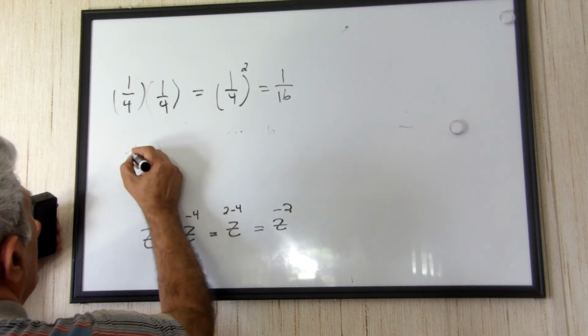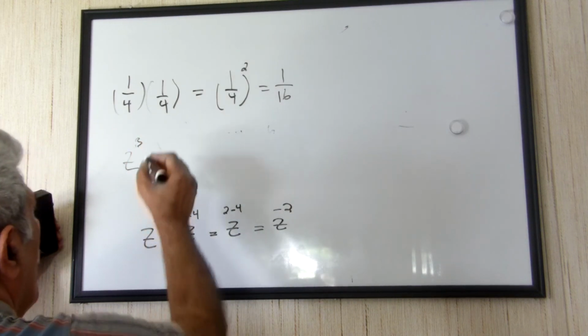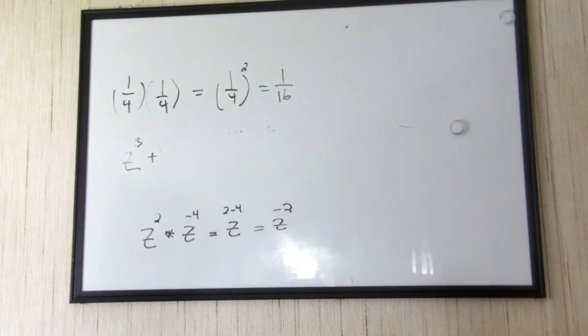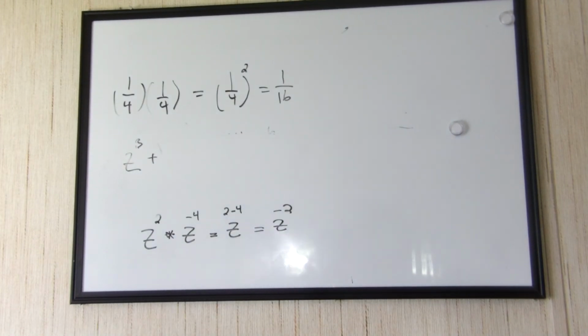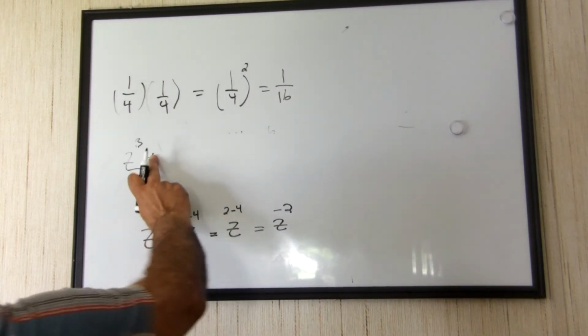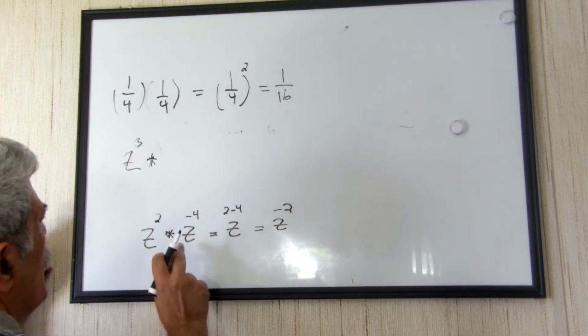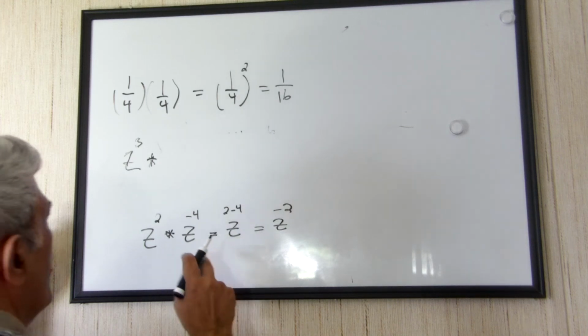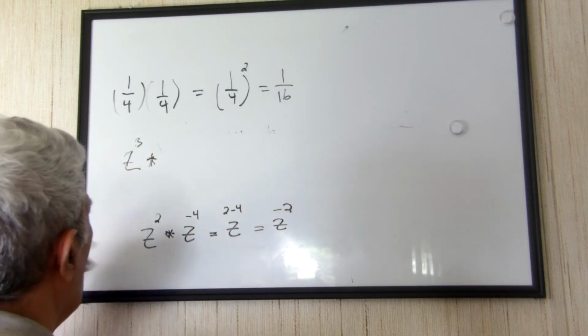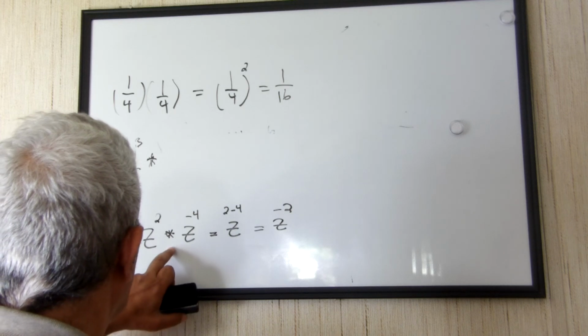How about z to the power of 3 plus... no, this is going to be multiplication. You can do this only because of the multiplication. A plus in between, no way. It's not going to work that way.